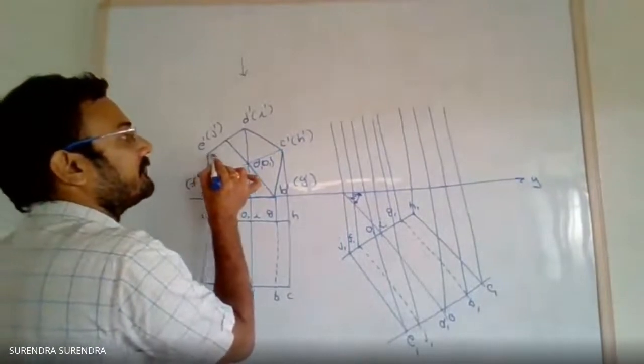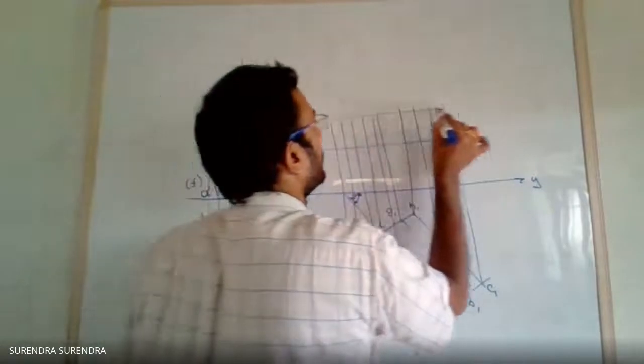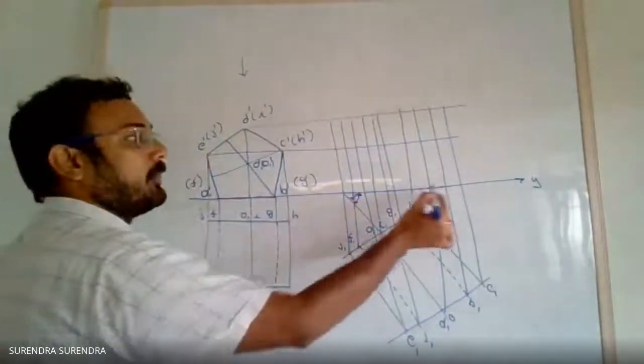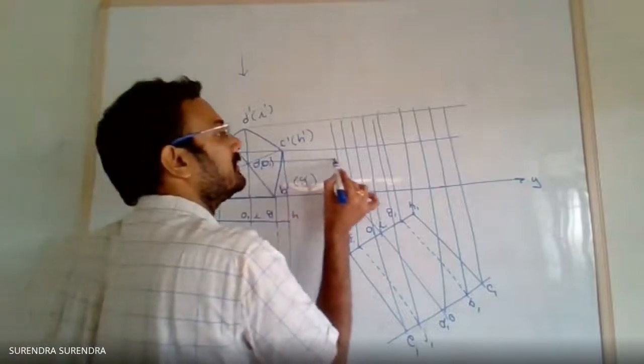Projection from E, C, D. Already these 4 points are existing on the XY line, and one more is the axis.